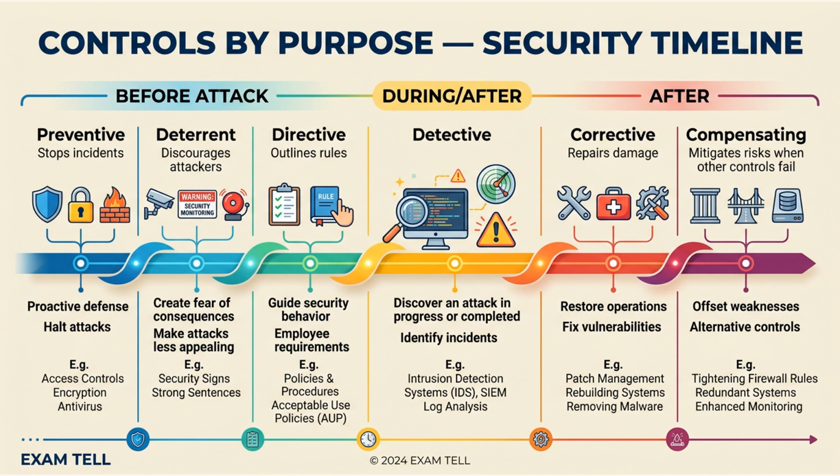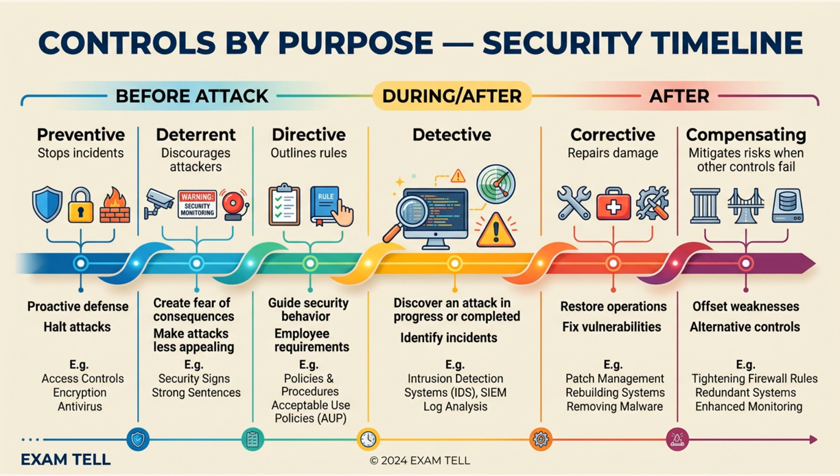Now, the second classification, the much harder one, purpose or function. Why does this control exist in the timeline of an attack? Imagine a timeline from left to right. Before the attack happens, you want preventative controls that block it, deterrent controls that discourage the attacker from even trying, and directive controls that tell everyone what they must do.